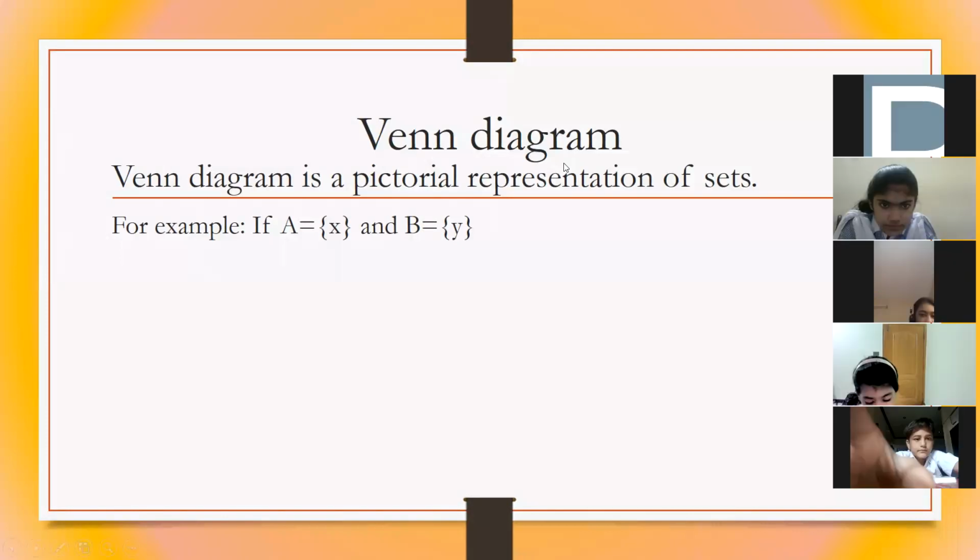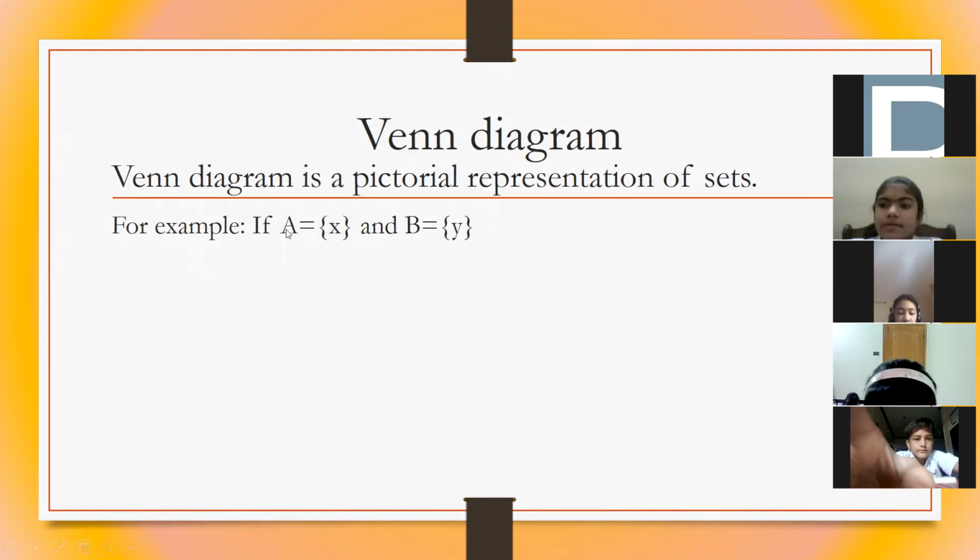What is called the Venn diagram? Venn diagram is a pictorial representation of a set. For example, if A is equal to X and B is equal to Y, how many circles do I have to make over here? I have to make 2 circles. One set has one circle, another circle is for another set.